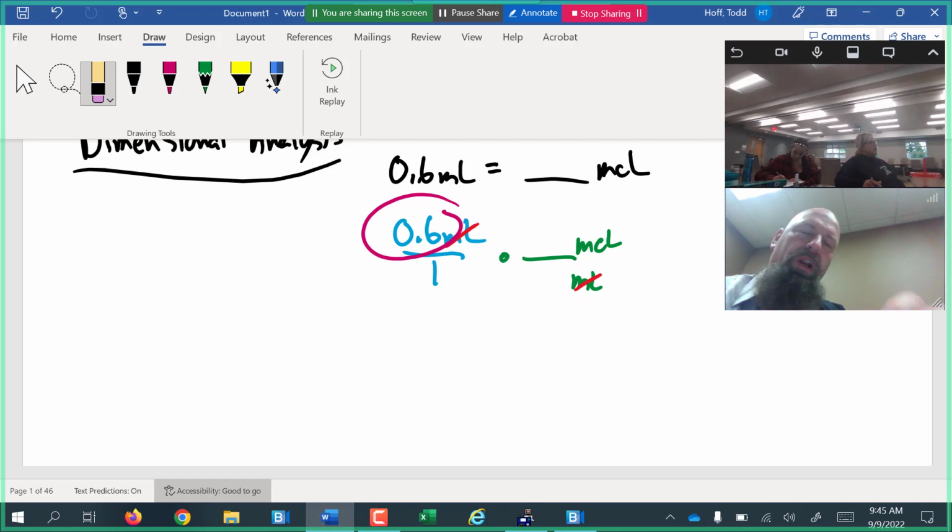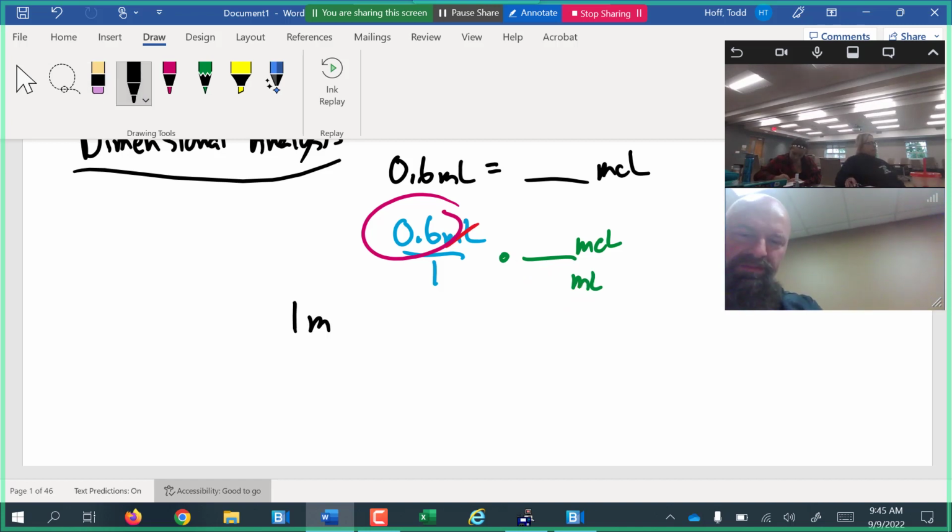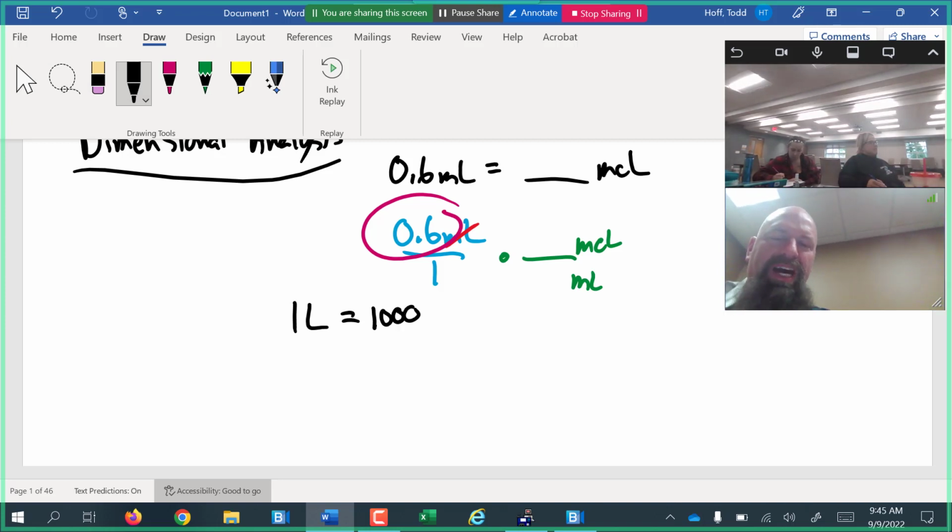What I want to put in here for numbers is my 1 liter. Got me flustered there by screwing up a calculation. Sorry about that. 1 liter is 1,000 milliliters. 1 liter is also 1,000,000 microliters.